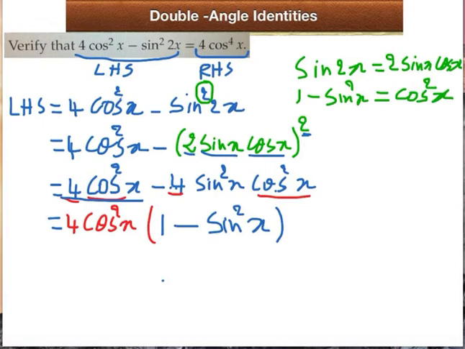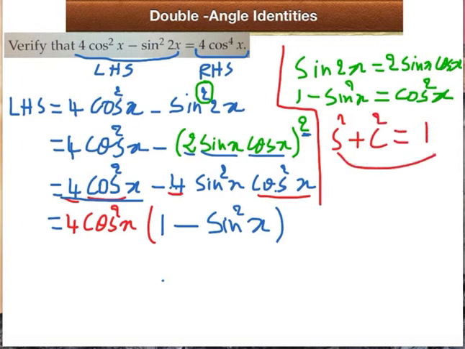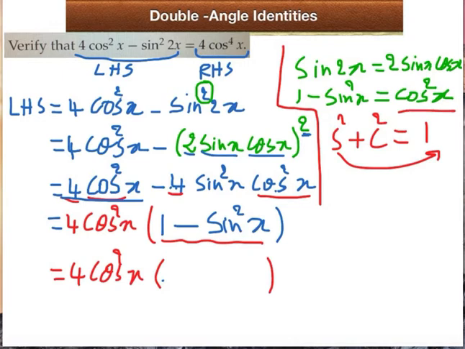Well done. I always write it in red for you. If you subtract sine square from both sides, you get 1 minus sine square equals cosine square. So I'm going to change 1 minus sine square into cosine square.